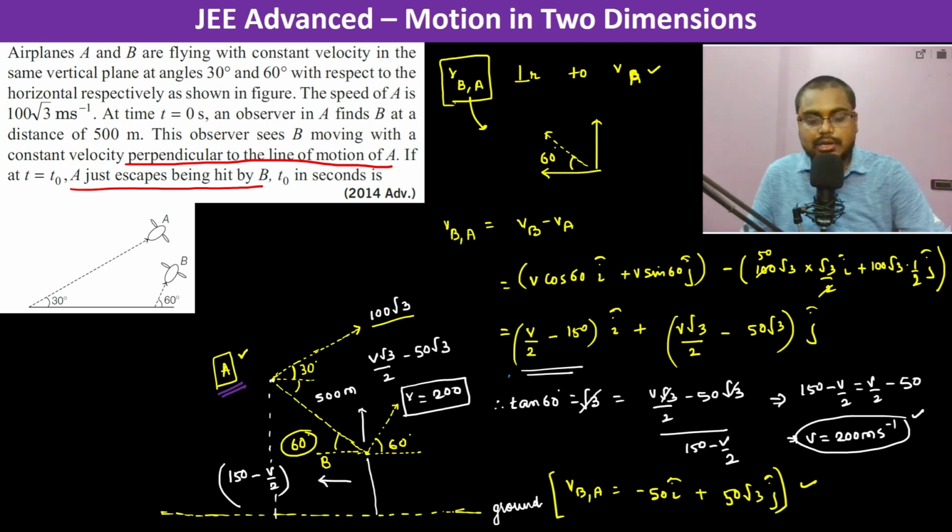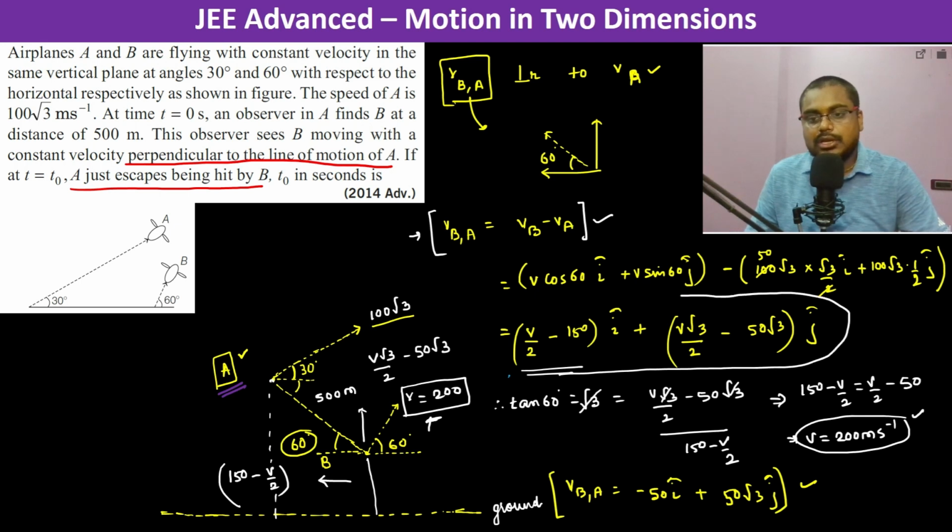Now B is going in some direction, A is also going in some direction, but the velocity of B with respect to A, as it is mentioned, is perpendicular to the line of the motion of A. So therefore what we do is we assumed some velocity, and then we calculated velocity of B with respect to A. This entire thing we calculated, and this comes out to be this. Now since it is mentioned that it is perpendicular, we know the direction of it.